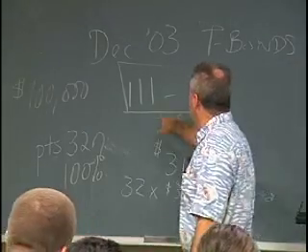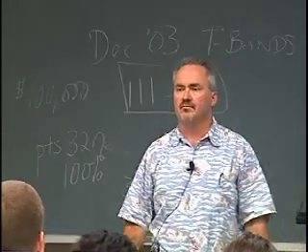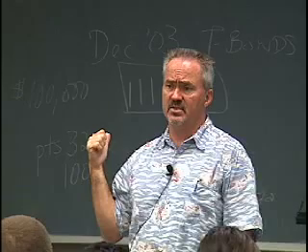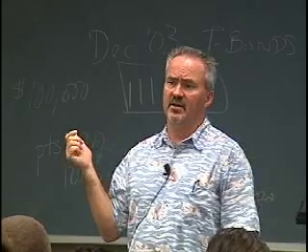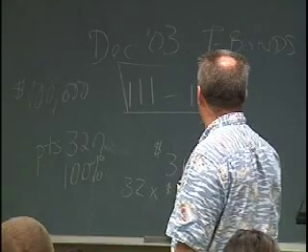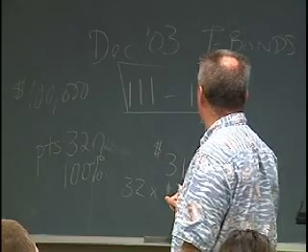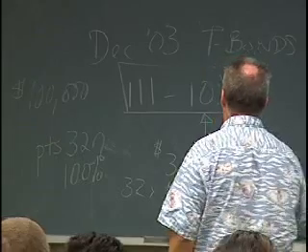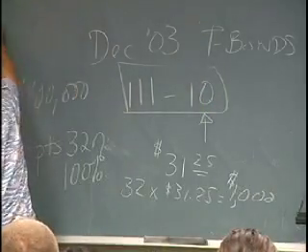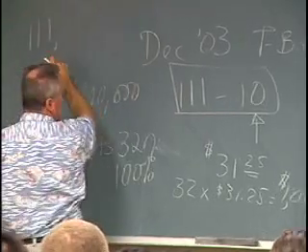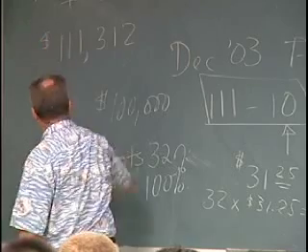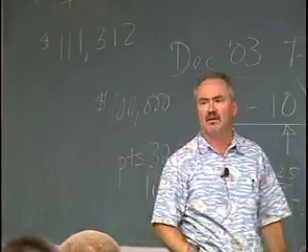If the price was exactly par, it was 100, then its value would be $100,000. So we're talking about a percentage here. So this bond has a value of $111,000 and 300, okay, because it's 10 times 31.25. So the value would be $111,312. That would be the total value of that contract.